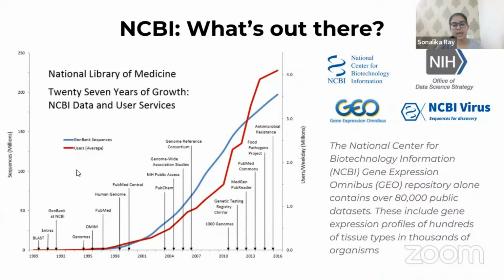There are over 80,000 publicly available data sets in just one part of NCBI, called GEO, which stands for Gene Expression Omnibus. This is just one simple example of a data repository which contains data sets on thousands of genes in each sample. In the program, we'll explore more such repositories and understand what type of data is stored in them, how we can extract it and make the most out of it.